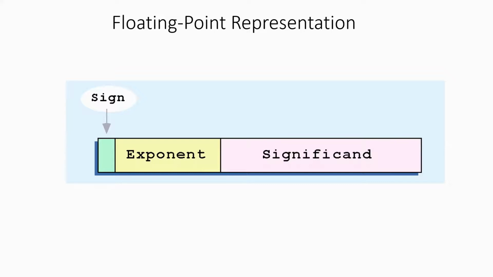And according to the float value assigned in the program, the bits will be represented in this format. The format says there will be a sign bit, there will be some exponent in that representation, and a significand portion.